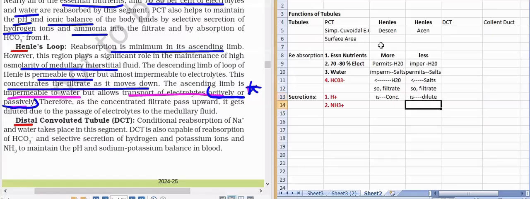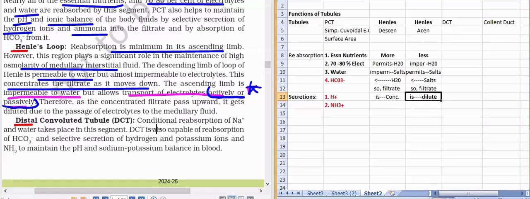Only this much is given. Less, more: water will be allowed, that's why more reabsorption will be there, and less reabsorption elsewhere. Salts will be there up to some distance till it reaches the medulla. At the bottom, more concentrated, so dilute. Dilute, less. That's it.